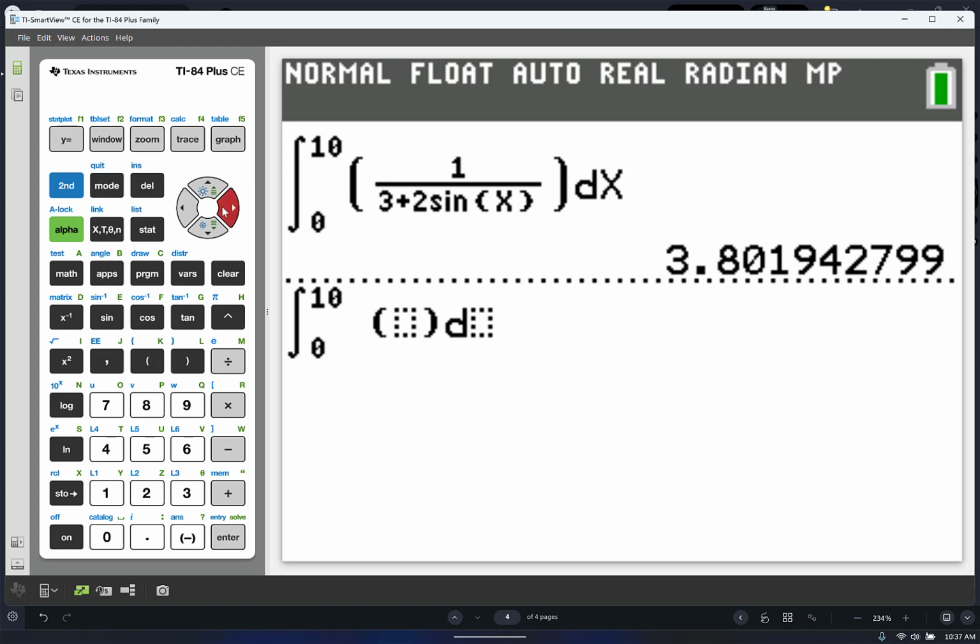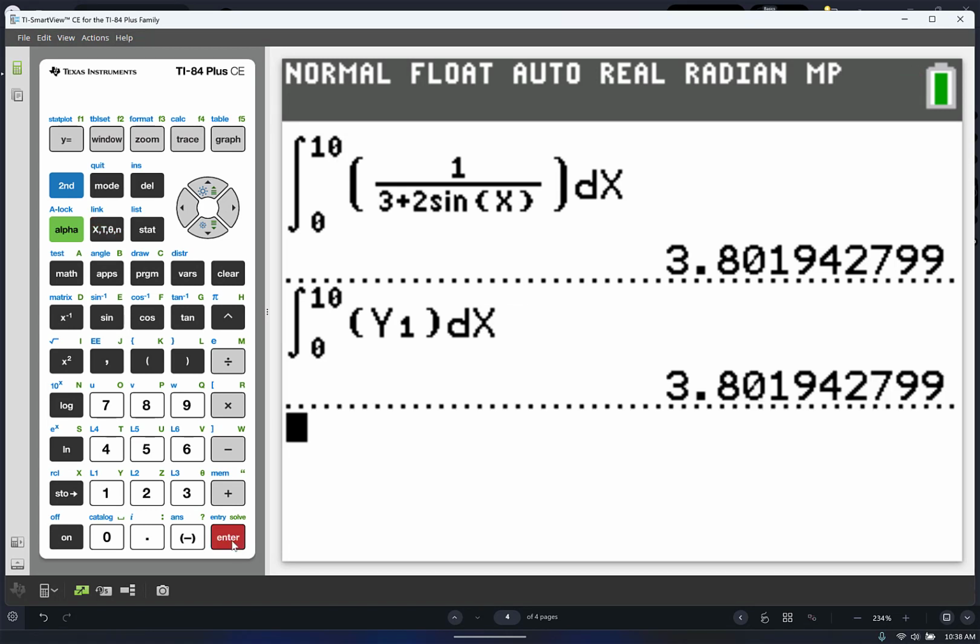And then just put your y1 in there. Alpha trace y1. Does everyone know how to get the y1 in there? Practice, guys, practice with your calculator. And you should get the same values. It will come in handy extremely.